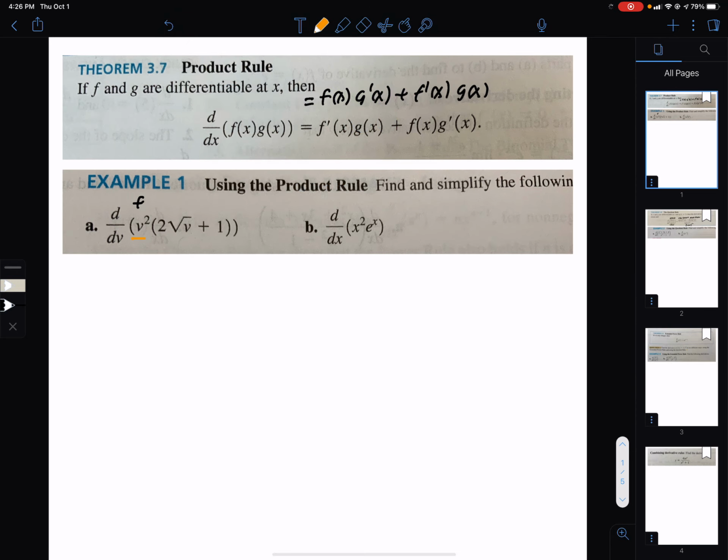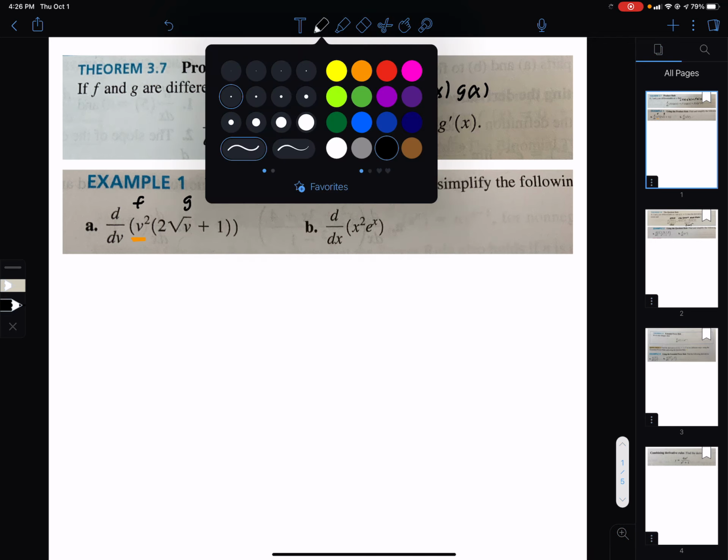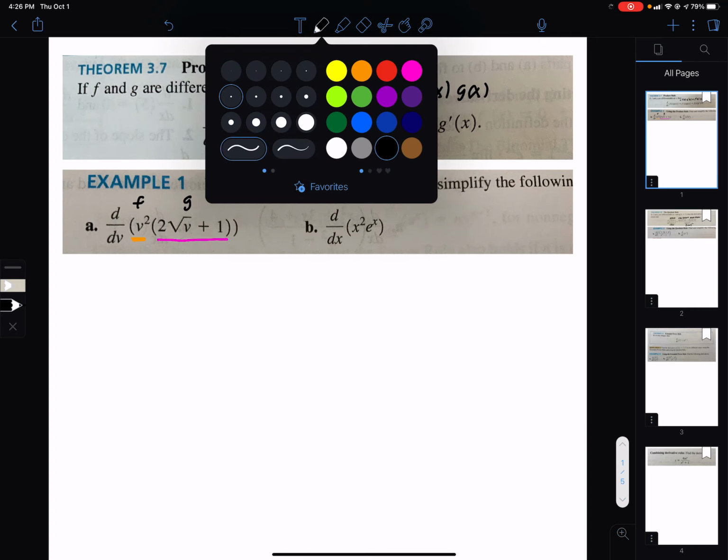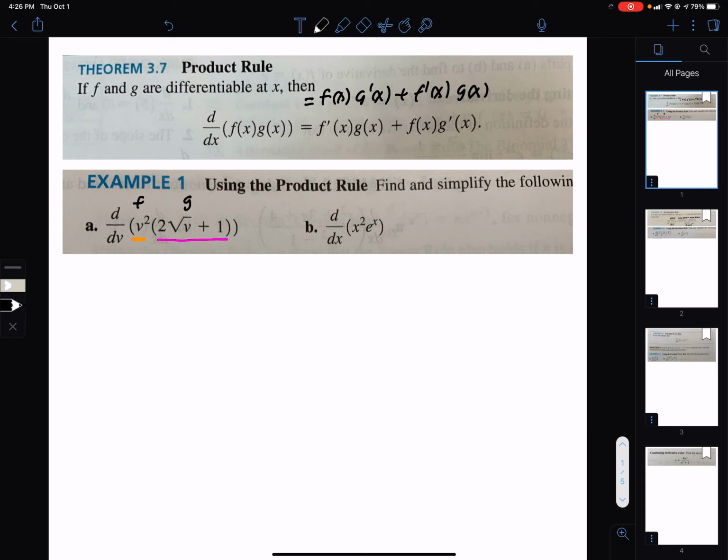I'll underline it in yellow, gold, and we'll consider this function g, and I will highlight or underline it with the fuchsia. And I am going to write it this way. I don't like the way it's written, but I'll say the derivative equals. So you leave the first one alone.